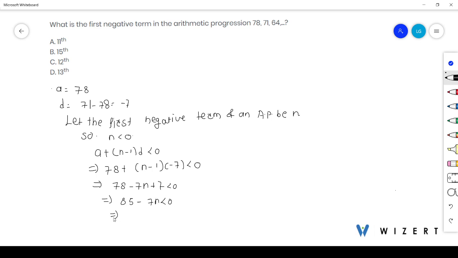That is, minus 7n is less than minus 85, which means n is less than... as this will be positive, the inequality will change, that is n is greater than 85 by 7.